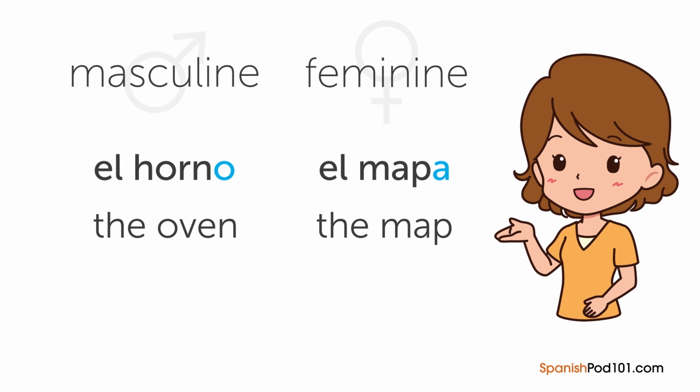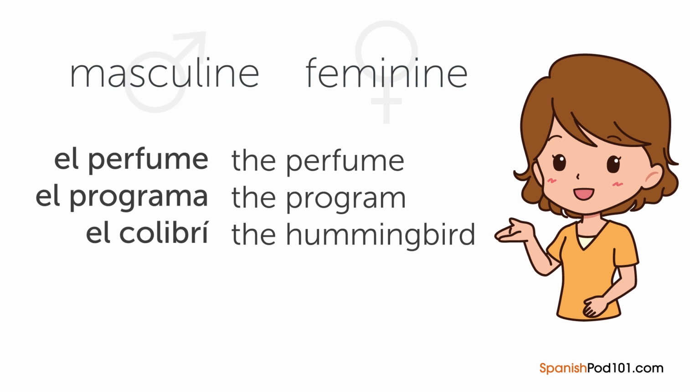However, O and A are not the only indicators for masculine and feminine words. Here are a few others. Nouns that end in I, ma, or an accented vowel such as í are often masculine. For example, el perfume, the perfume, el programa, the program, el colibrí, the hummingbird, are all masculine.